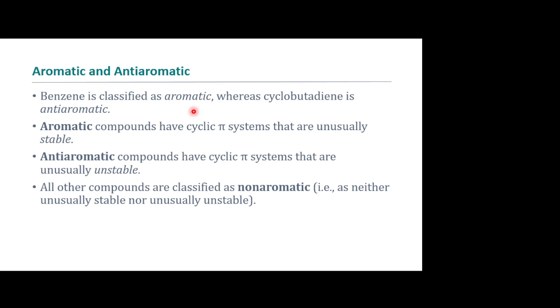Anti-aromatic compounds will have cyclic pi systems that are unusually unstable, unusually reactive. And so anti, again, is used in the sense of it's the exact opposite. Okay? All other compounds will be classified as non-aromatic, i.e. they're neither of those. They're not unusually stable, not unusually unstable. They're just not. Okay? So is everybody okay with that terminology?